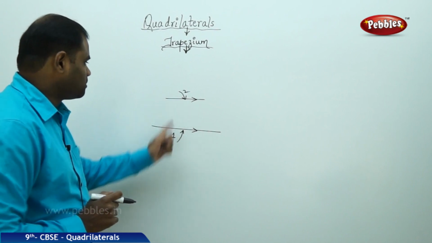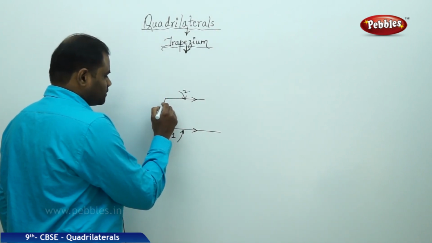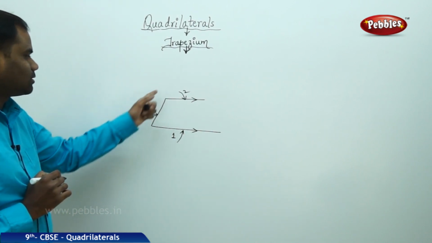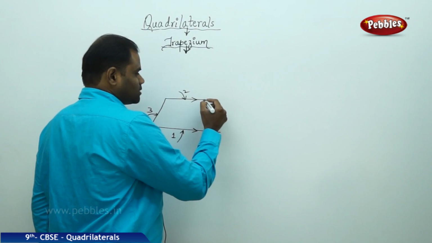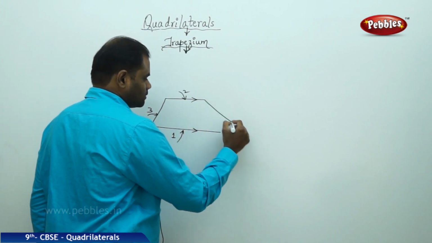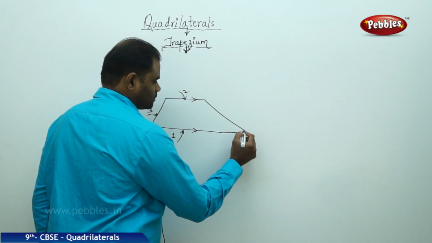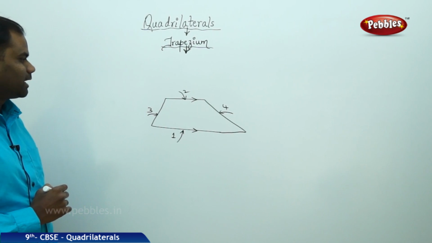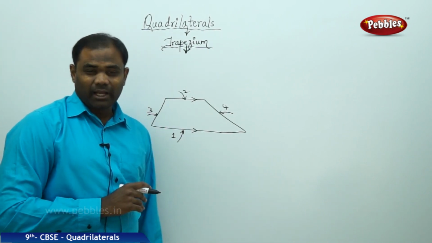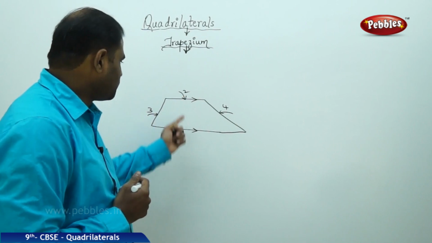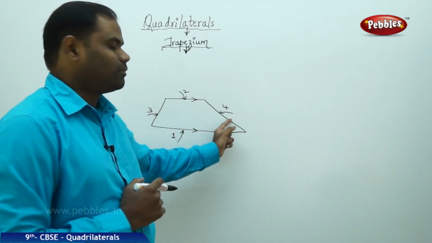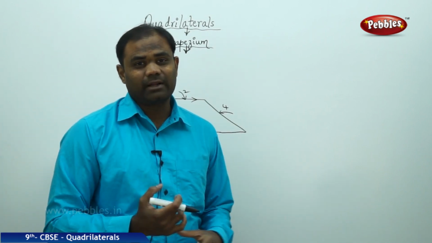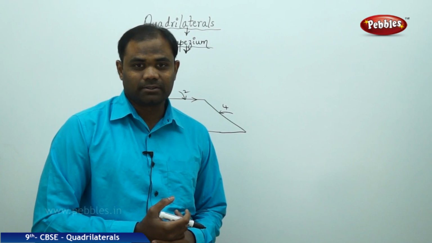Once I arrange in parallel, I arrange line 3, joining the ends of the first and second line. The other ends of the first and second line are joined by arranging the fourth line. So here I get a kind of figure where one pair of lines is parallel, and the other pair of lines is not parallel. Let's see how this special case of a quadrilateral is defined in the mathematical sense.